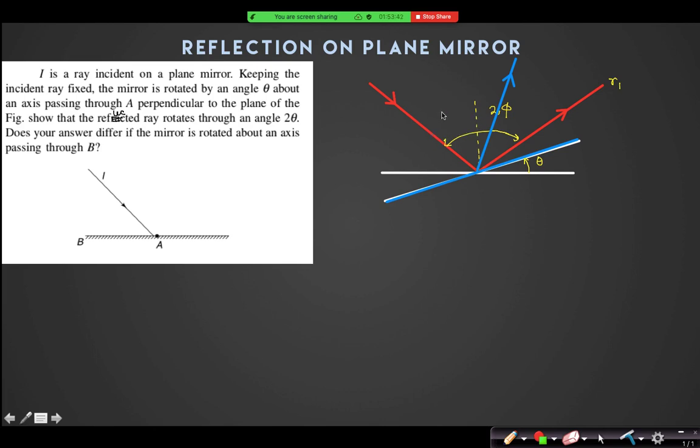And the angle between that reflected ray and the mirror has now changed by angle theta. Right? Okay, let us do it by normal only. It will be much easier, I think.